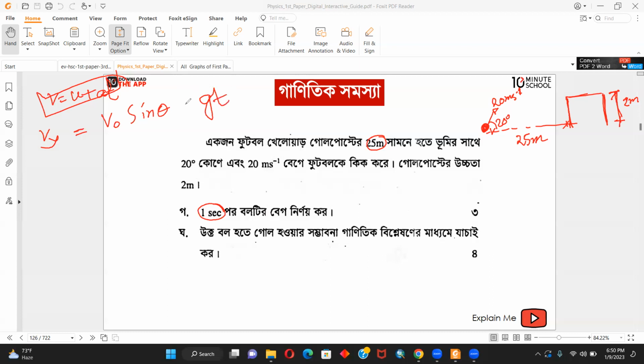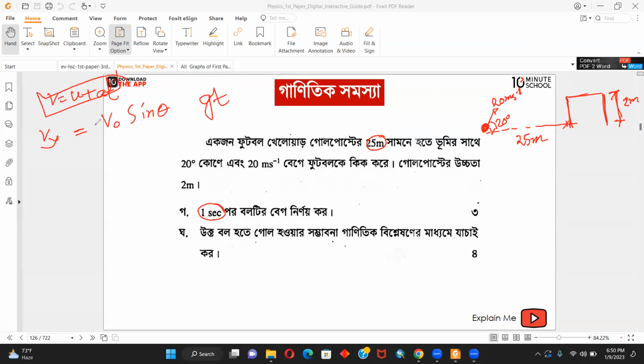Minus. Let us consider that vy, the velocity after 1 second, could be anything. If we get the value to be positive, it is moving upwards, or if it is negative, then it is moving downwards.